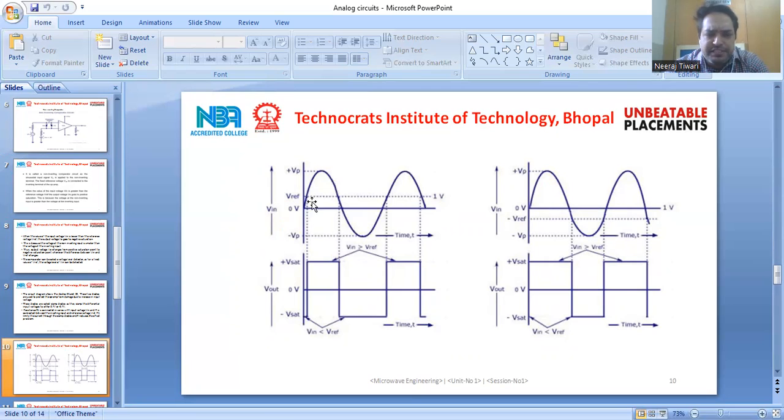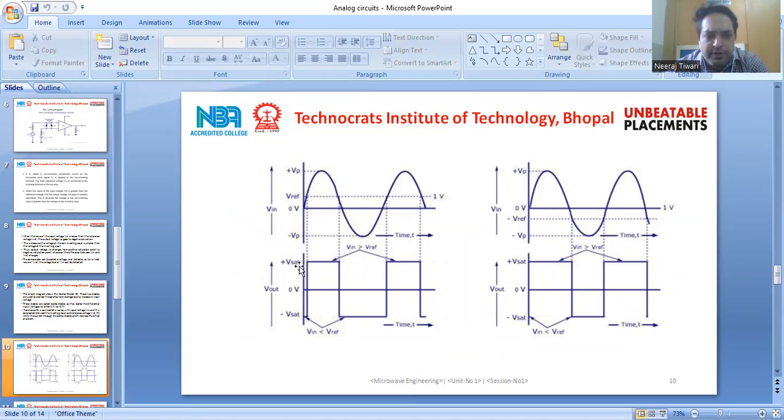And this diagram we have taken for when the reference voltage is positive. Here you can see the reference voltage is positive, represented as a dashed line.